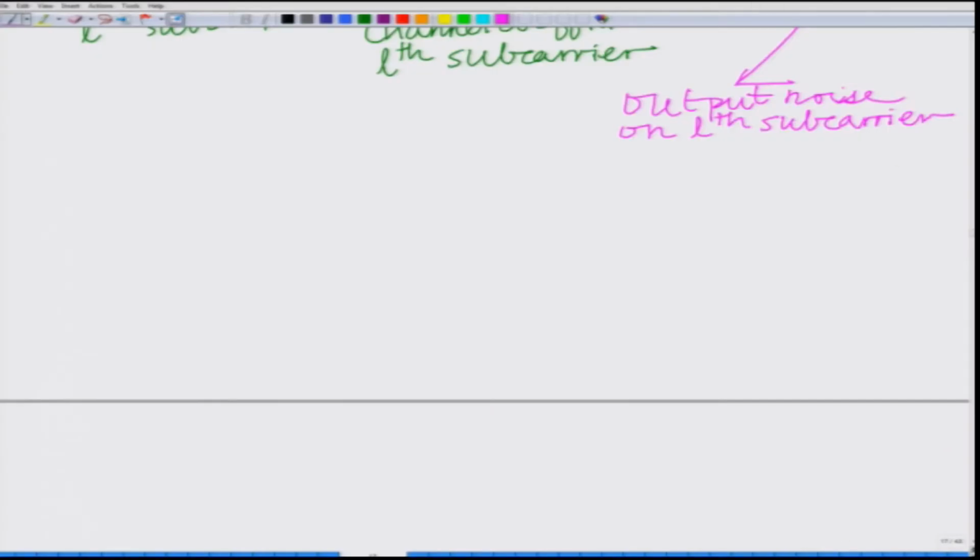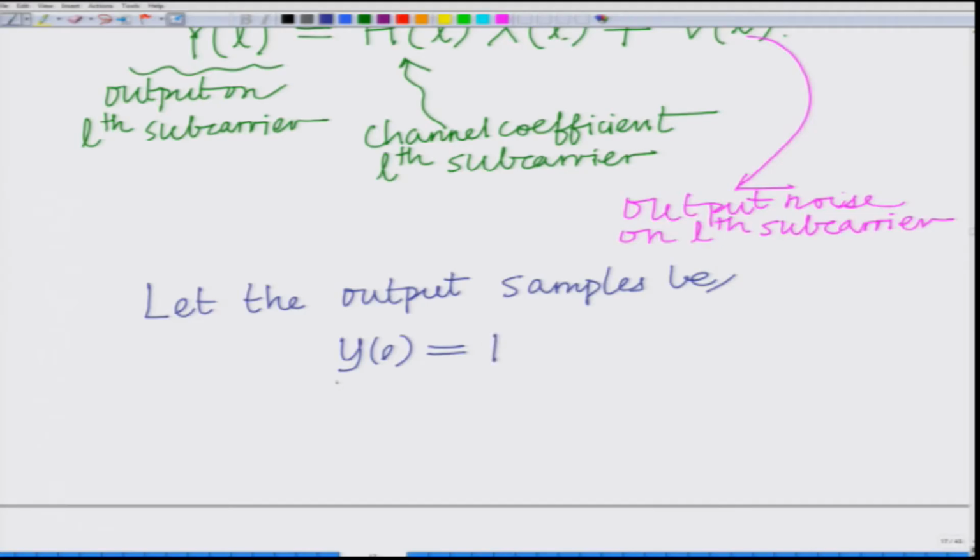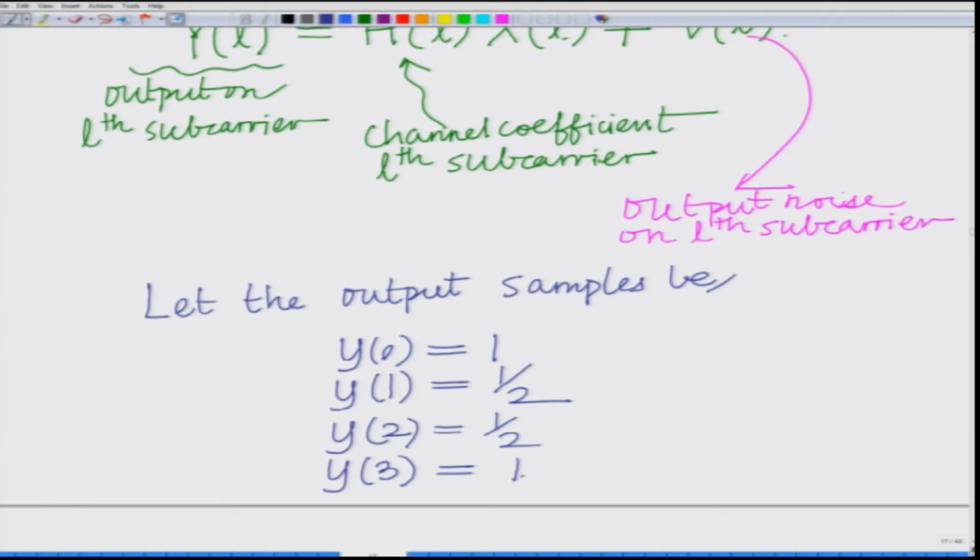Let us first consider the output samples. Let the output samples be y0 equals 1, y1 equals half, y2 equals half, y3 equals 1.